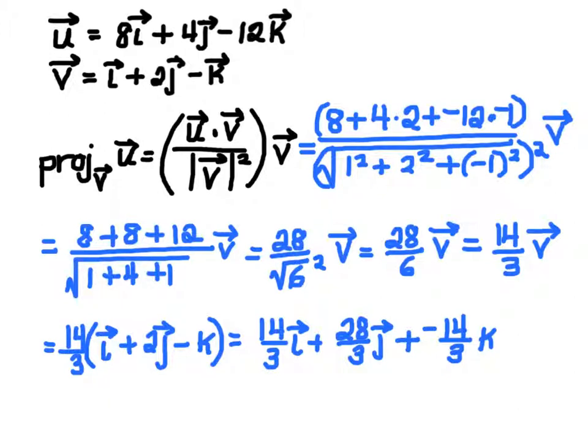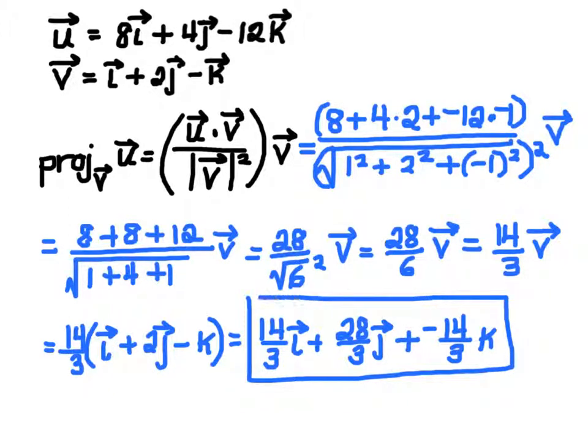And this, let's put a box around it, is the vector that is parallel to vector V. The symbol for parallel is two double lines.